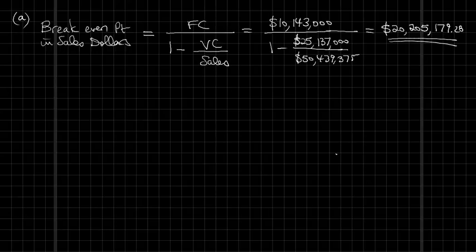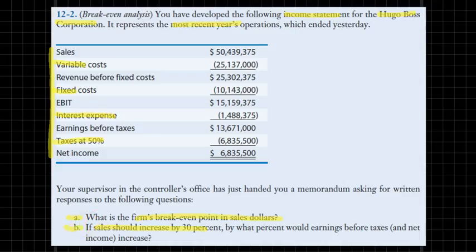Now going back in part B, recall the hypothetical case. We are curious in the increase in earnings before taxes, the item on this line, should sales increase by 30%. So I will introduce two different methods to solving this problem. The first method is without using any degree of operating leverage, making direct calculations.